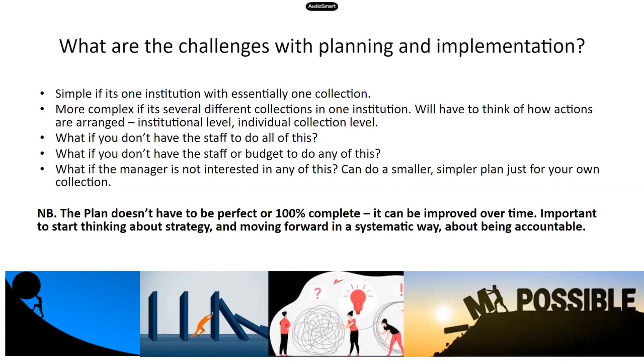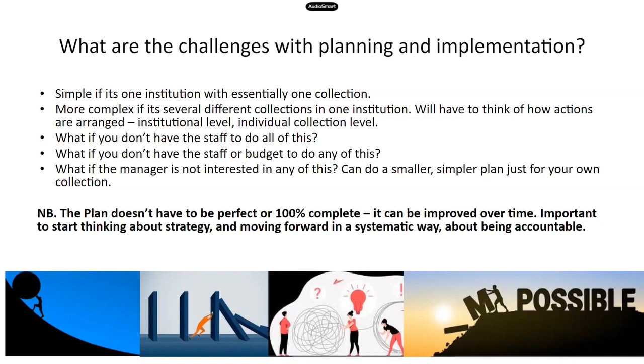And then quite an important question is, what if the manager is not interested in any of this? They say, we've got our 5-year strategy, we've got our annual performance plan, we're not doing other plans. So you can do a smaller, simple plan just for your own collection. Maybe your institution is very resistant to having an overall collection management and curation plan covering all the collections.